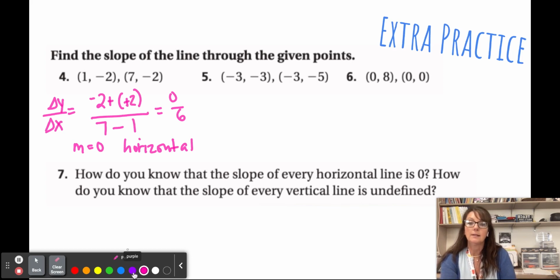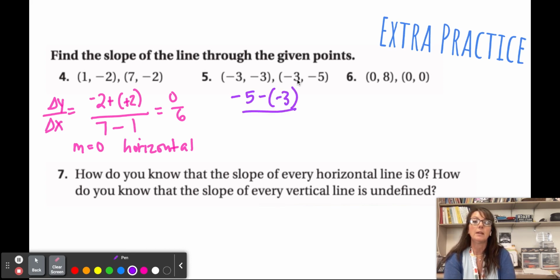If we calculate the next one, we have negative 5 minus this negative 3. Coming back here, negative 3 for the x minus the other negative 3 for the x over here. And then again, double negative. So negative 5 plus 3 is negative 2. Negative 3 plus 3 is 0.